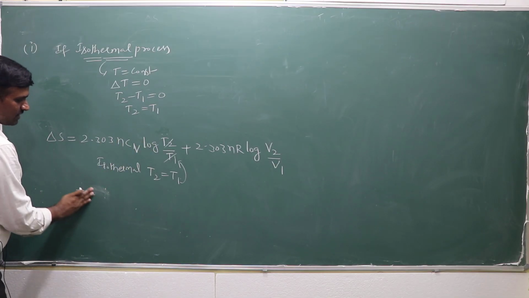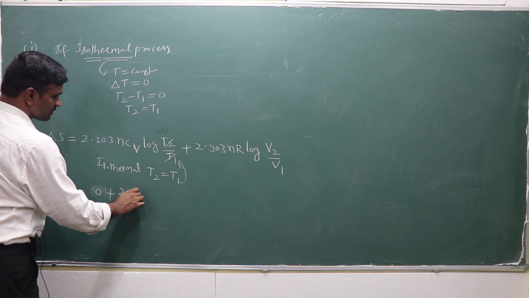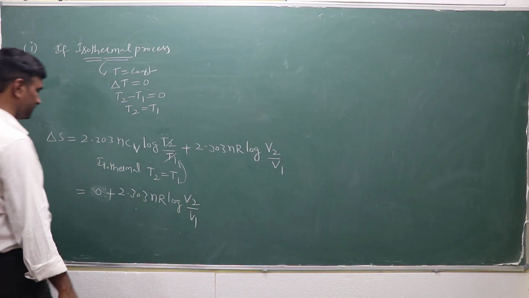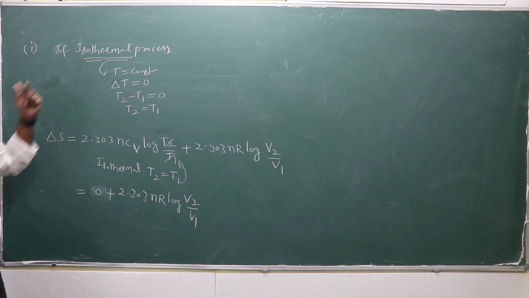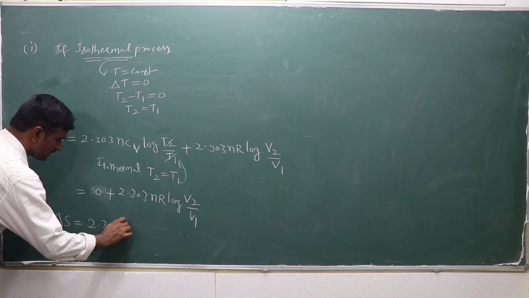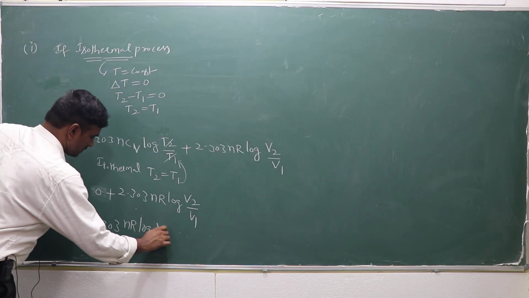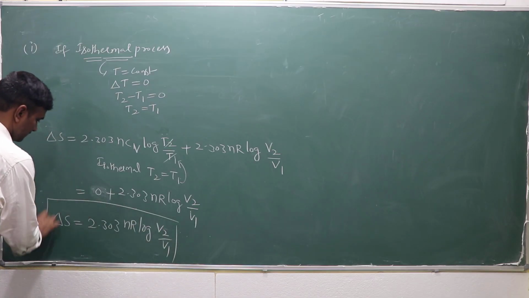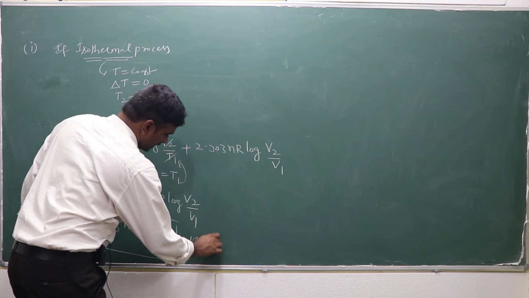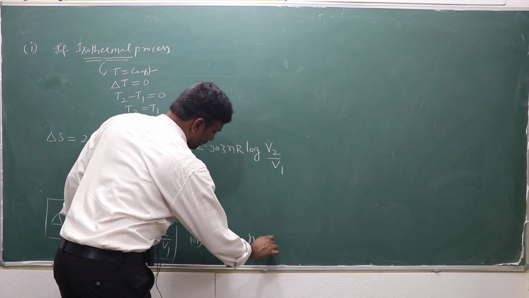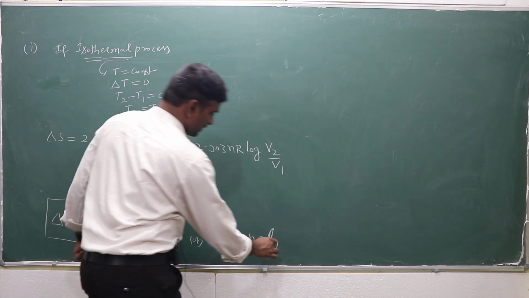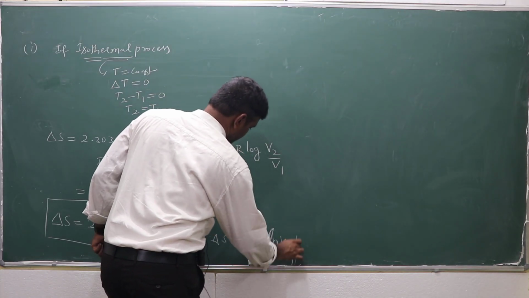Plus, this value is 0, plus 2.303 NR log V2 by V1 is there. That means if the process is isothermal, delta S is equal to 2.303 NR log V2 by V1. Or if you ignore 2.303, delta S is equal to NR ln V2 by V1.